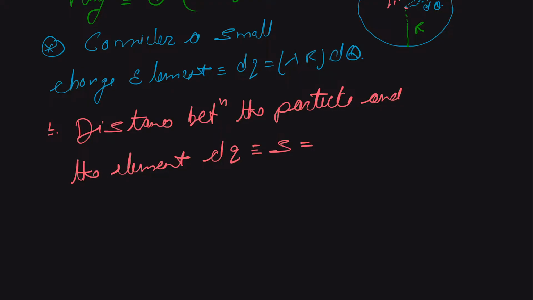Therefore, s square will be equal to r square plus small r square minus 2r small r cos of theta.